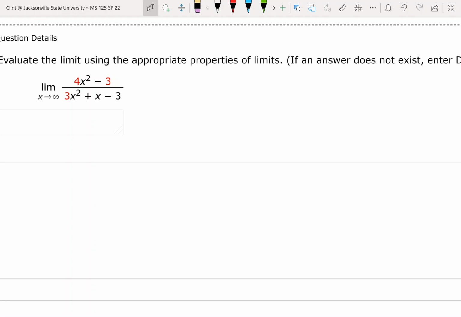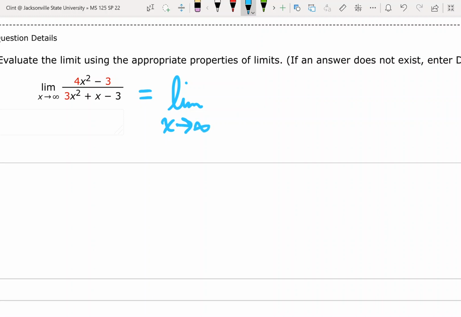And we want to show it, though. And so what's our calculating method? We divide by the biggest power of x in the denominator. So we take and divide everything, in this case, by x squared.